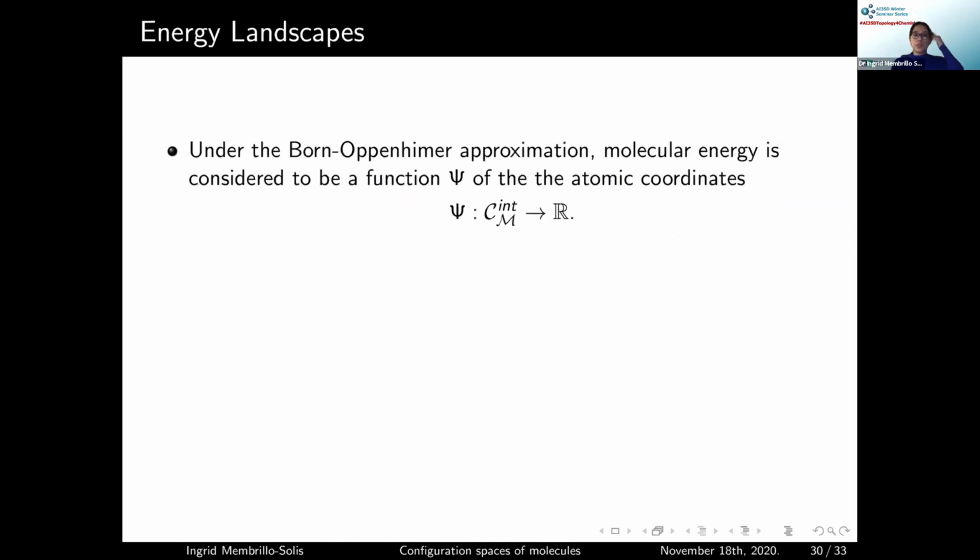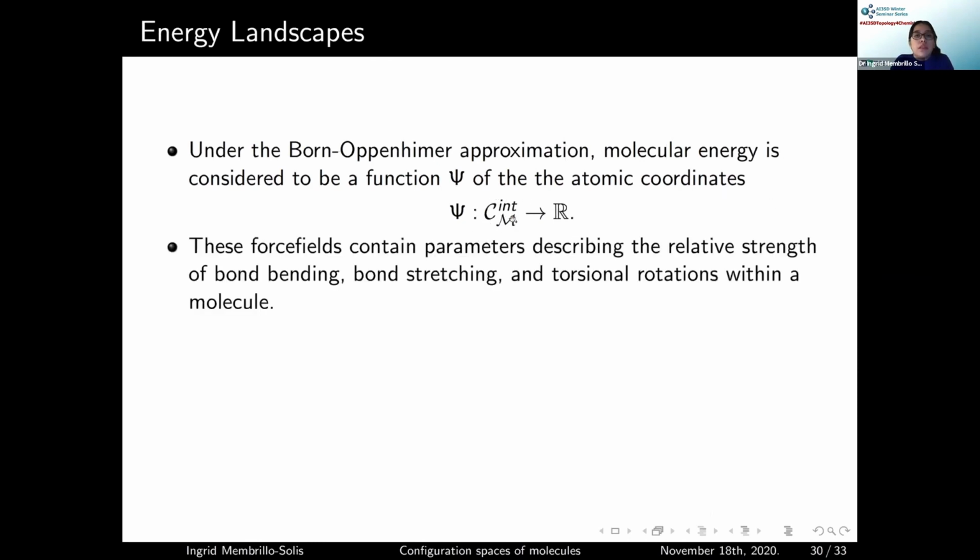Just briefly, to finish, let me take a minute or more to say something about energy landscapes. An energy landscape is a function defined on the configurational space or the conformational space. Usually people think of it as defined over the internal configurational space.